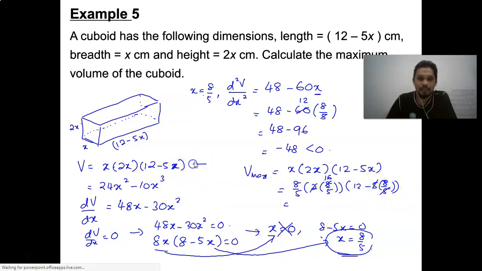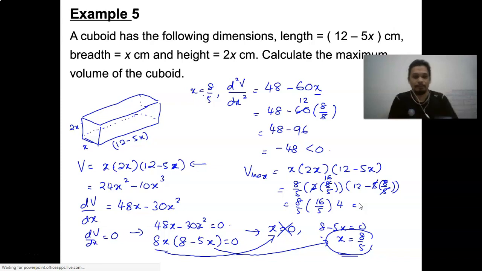Some of you can substitute into the other equation here, still the same. Now 8 over 5 multiplied with 16 over 5, and 12 minus 8 equals 4.